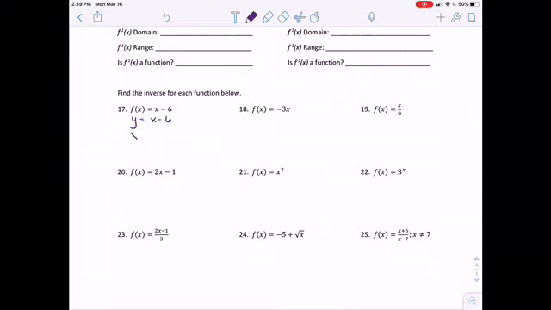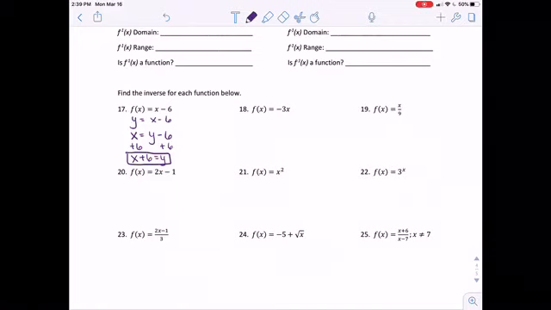I'm going to rewrite it as x equals y minus 6. And then if I want to get the y alone, I'm going to add the 6 over to the other side. If I add 6 on both sides, that gives me x plus 6 equals y. Y is now alone, and I know that this is my inverse.